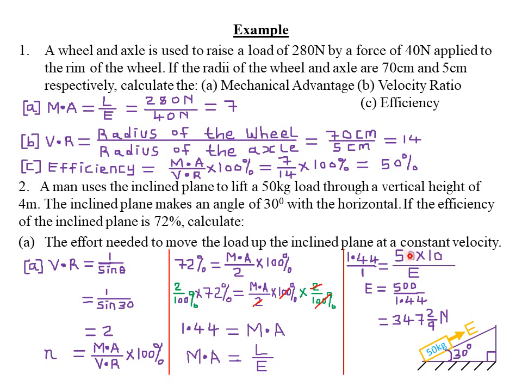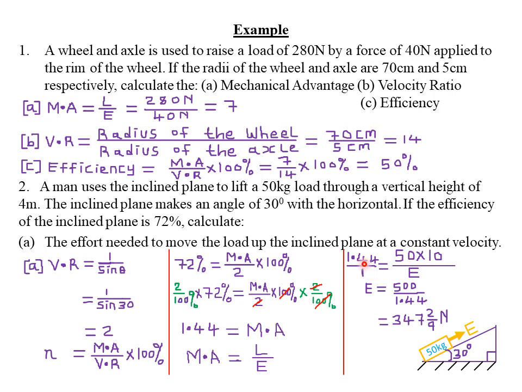That is mass of the body times gravity, or simply the weight. Then we divide by the effort that we want to find. So we have 1.44 over 1 is equal to 500 divided by the effort. If I want to make effort the subject of the formula, I'll simply cross multiply, so that I have 1.44 E being equal to 500 times 1.